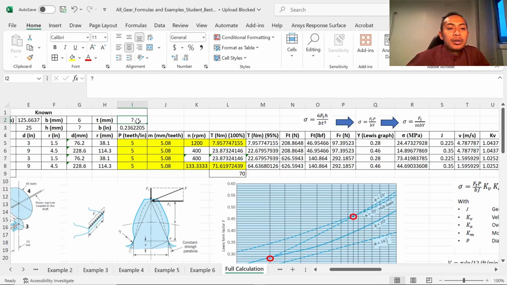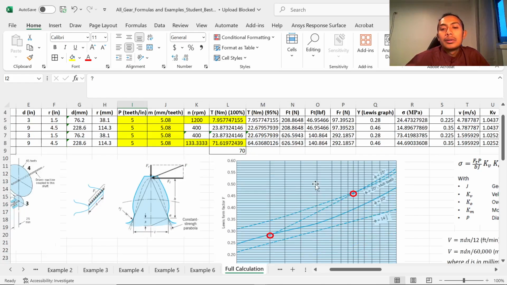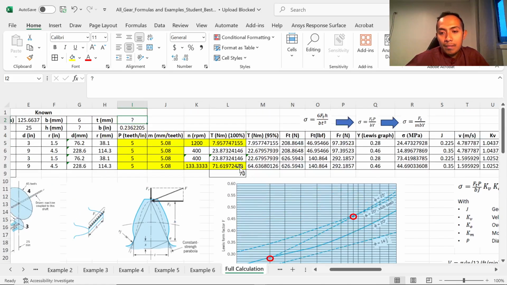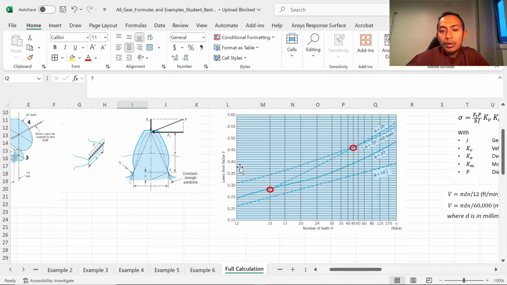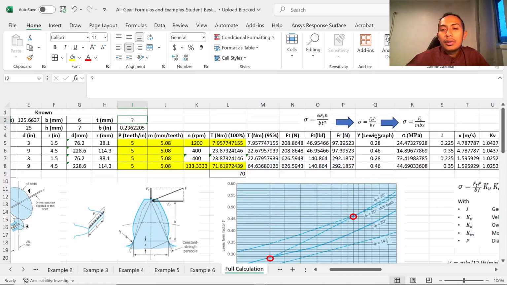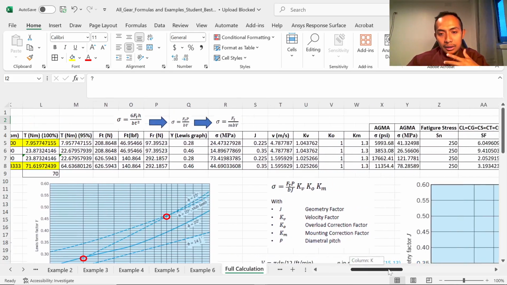Somebody named Lewis developed a graph, called the Lewis graph, that correlates the number of teeth and the Lewis form factor. This is very useful when you only have the number of teeth and you want to know the y value, and at the end you can calculate the theoretical stress.